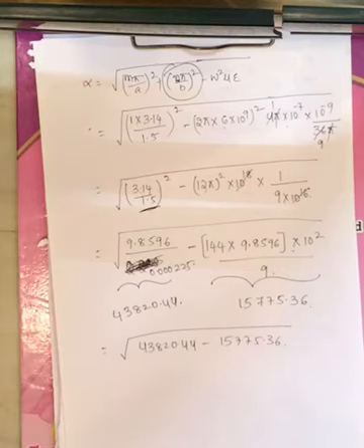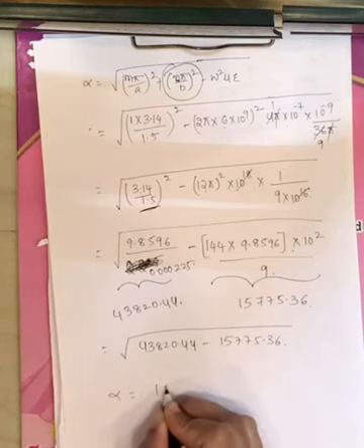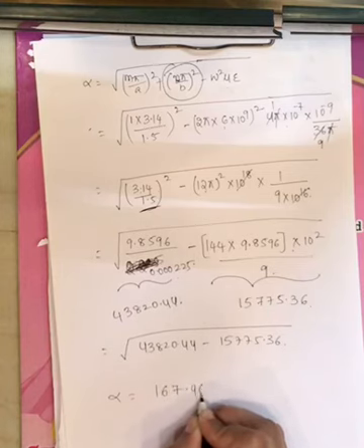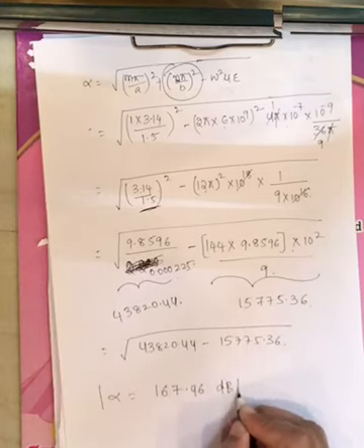Now solve this. 4380.44 minus 15775.36. Okay, after finding the root I am writing that is 167.46. This is the dB per meter, right?